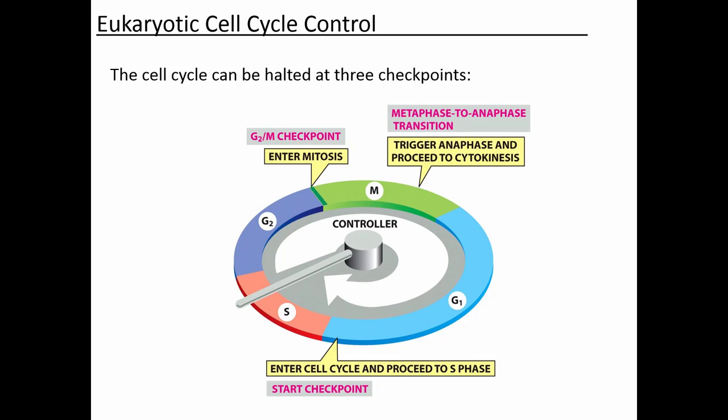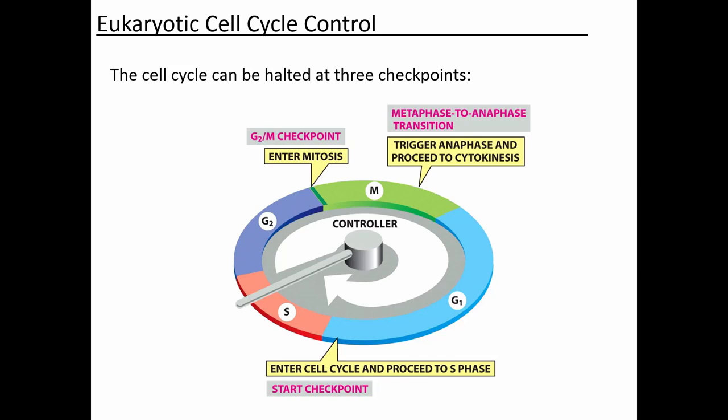Then you have one that's called the G2M checkpoint, and then a third one called the metaphase to anaphase transition. Okay, so again, you have the start checkpoint, the G2M checkpoint, and then the metaphase to anaphase transition. Those are three checkpoints that happen during the cell cycle.